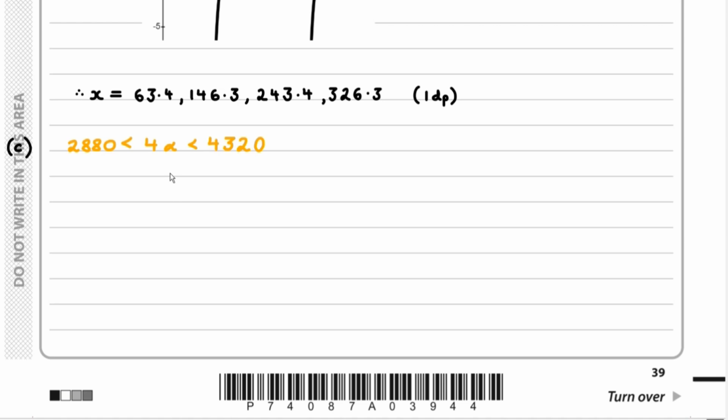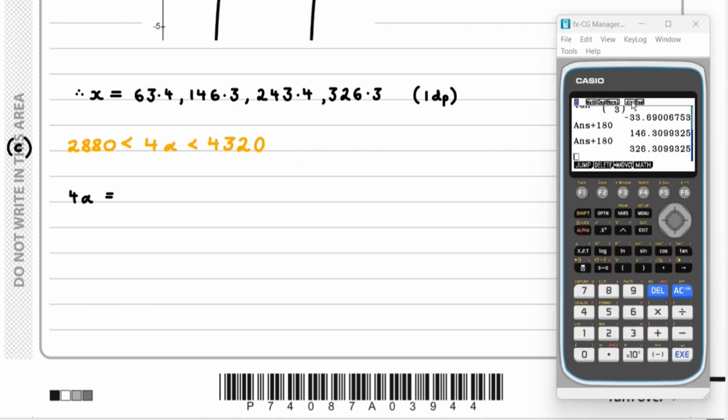So, to find the smallest value in this domain, I have to consider this 63.4. So I've got 4 alpha equals, well, if I do the inverse tangent of the two, I've got that 63.4, etc. And let's keep adding on 180 up until I get a value that's within this domain.